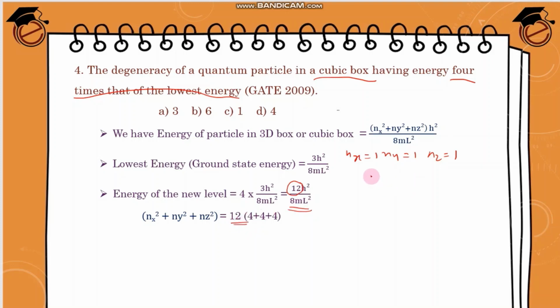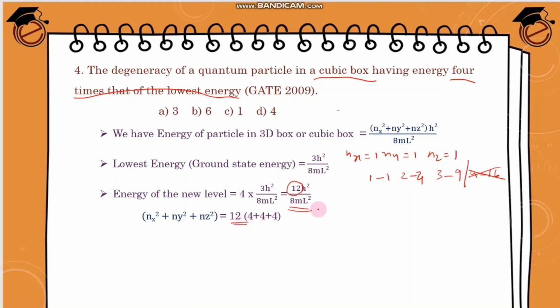Now we have 1 square 1, 2 square 4, 3 square 9, 4 square 16. Here the value is 12, so we should not consider 4. So the maximum possibilities are 1, 2, 3. 9 plus 4 plus 1 is 14, so that we cannot take. Now here we can write 4 plus 4 plus 4, that is 12.